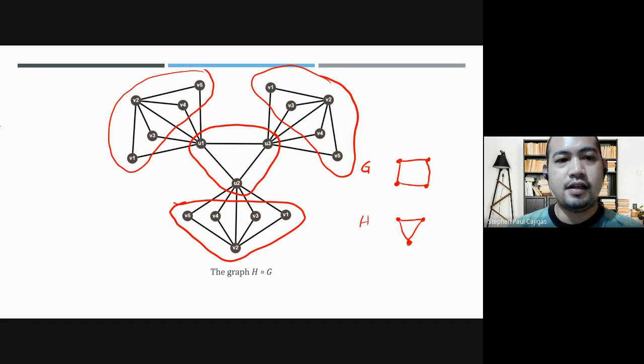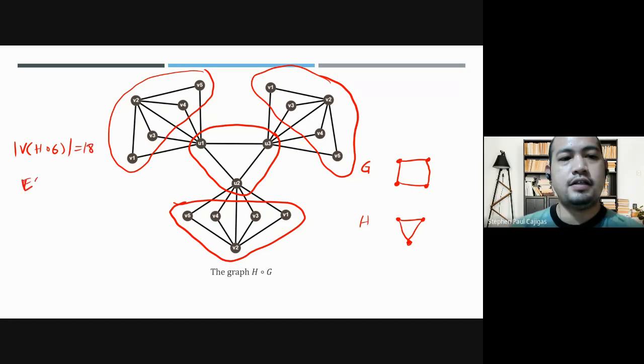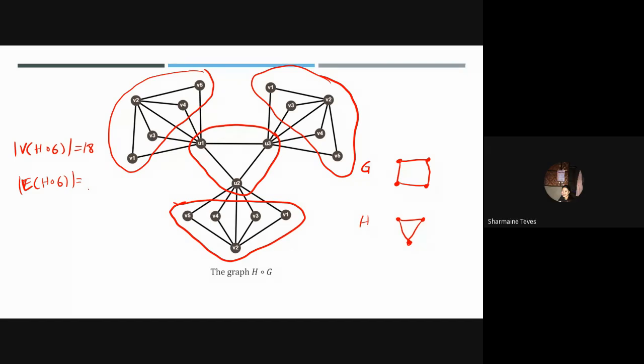Ngadi liwat, ang vertices. So, pira? 18. And then for the edges, 27, sir.